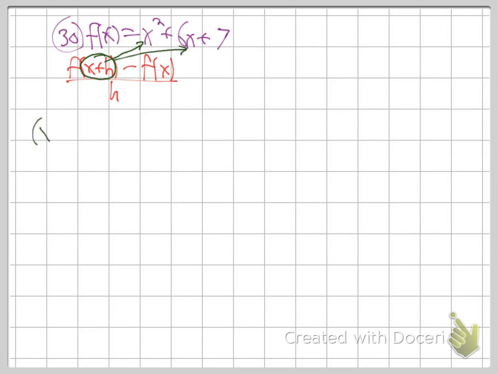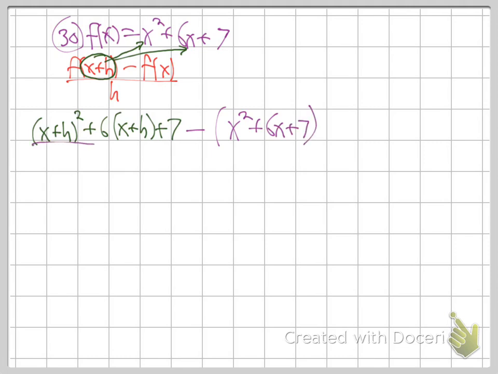So we get x plus h squared plus 6 times x plus h plus 7 minus, and then f of x. x squared plus 6x plus 7 all over h. Does that make sense what I just did?